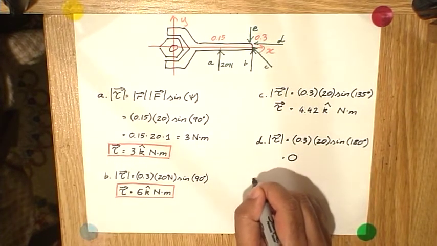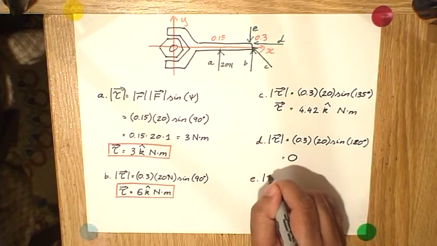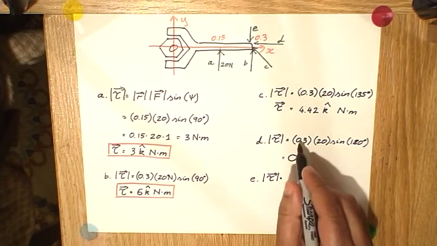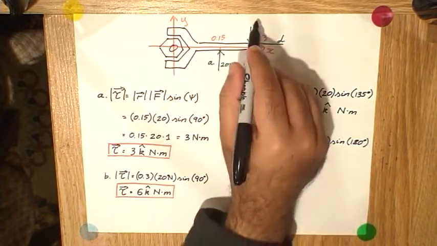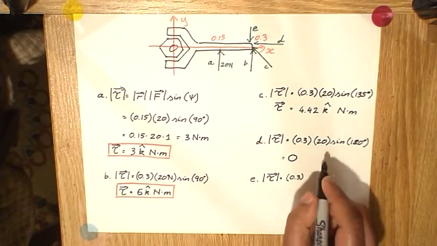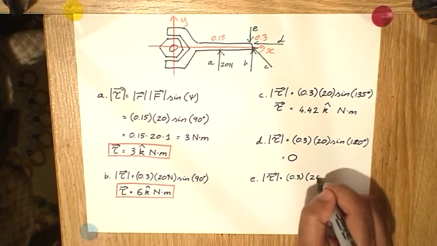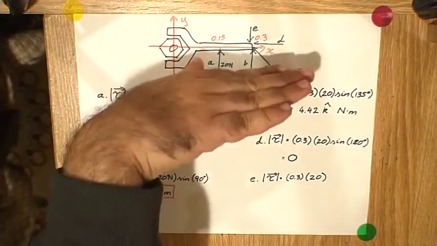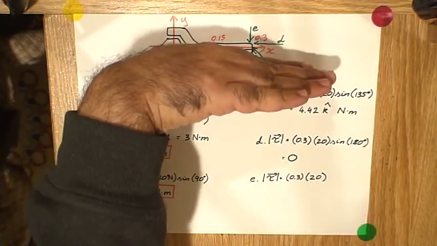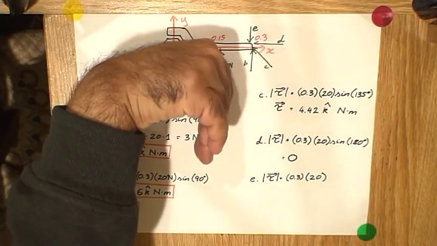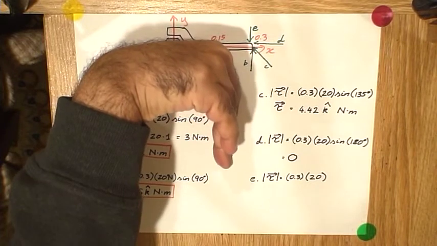Finally, part E. Here, the size of the torque is going to be given by the location of the force, which is still 0.3 with respect to the center of rotation. The size of the force is still 20. This time, the lever arm points like this, and the force points downwards like this.